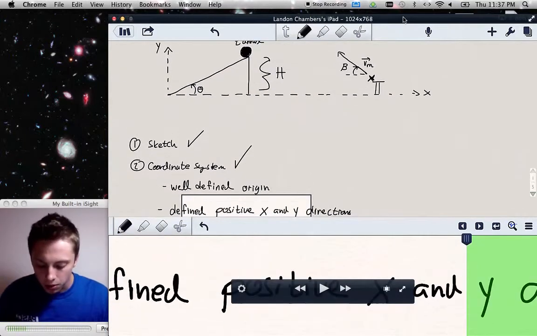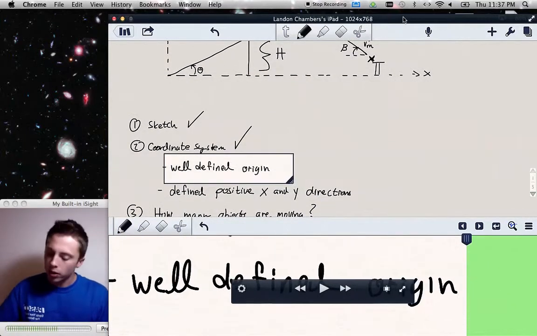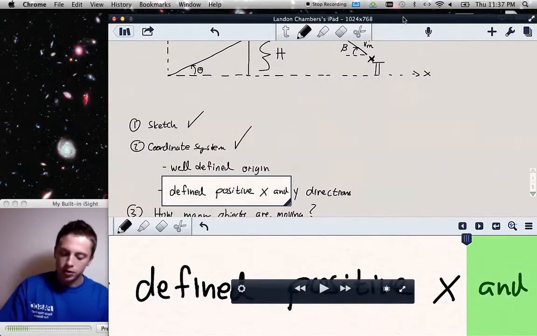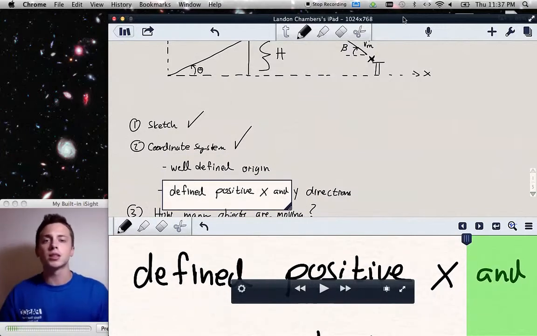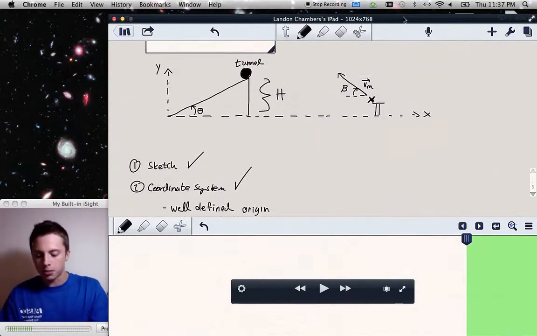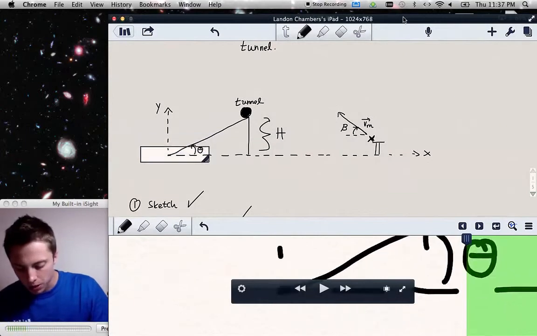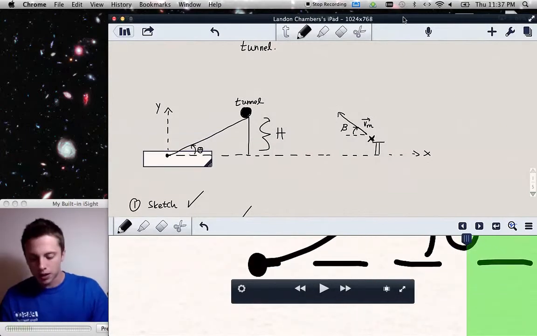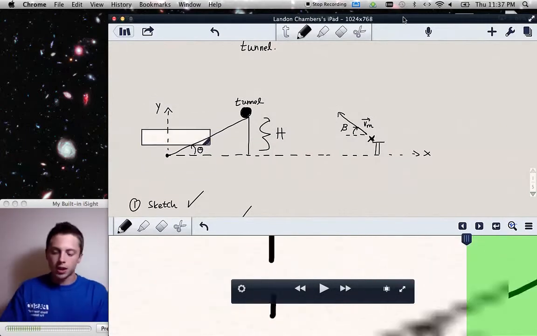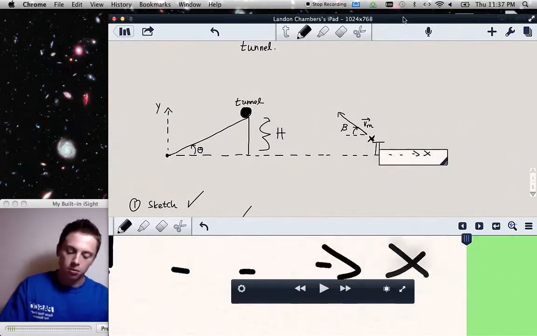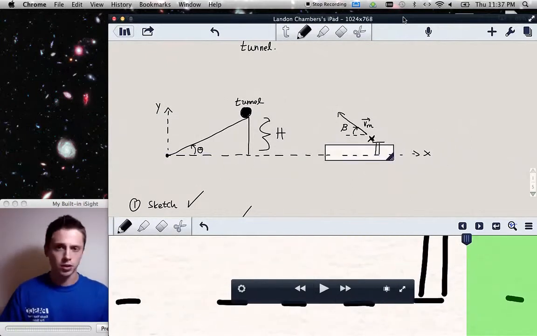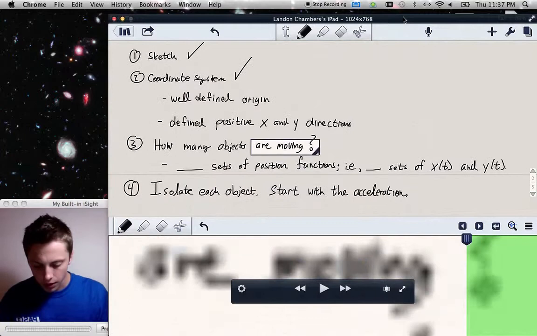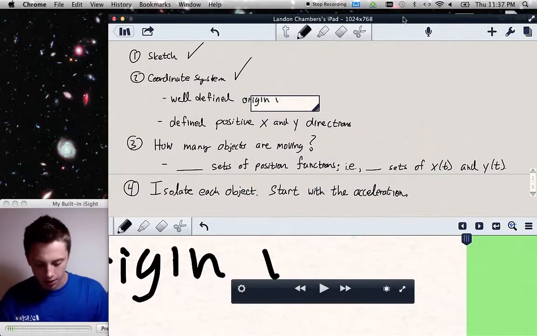So what are the things we're looking for in a coordinate system? A well-defined origin and a well-defined positive x direction and positive y direction. Looking back up at this picture, we have our origin defined here, the positive y direction vertically up, and the positive x direction to the right. Perfect, so we have both of those things taken care of.